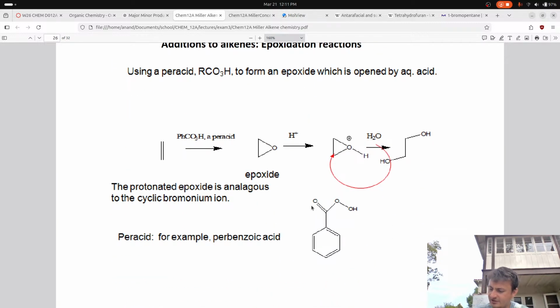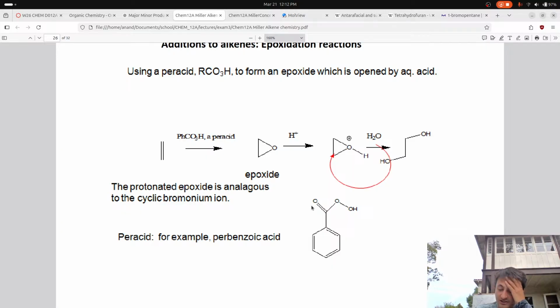Okay, then the next thing we can do is halogenation, which is adding two halogens across the double bond. This one is stereorestrictive.